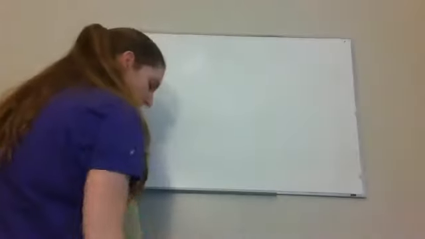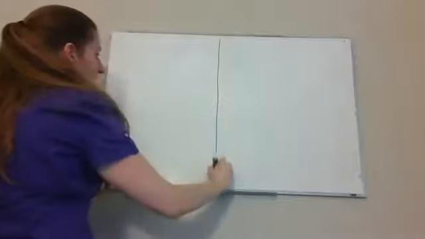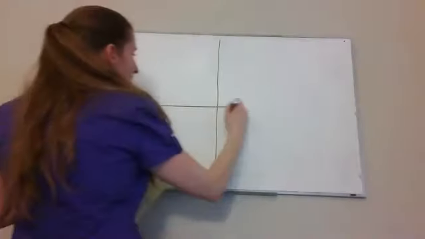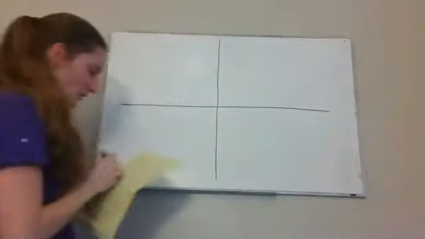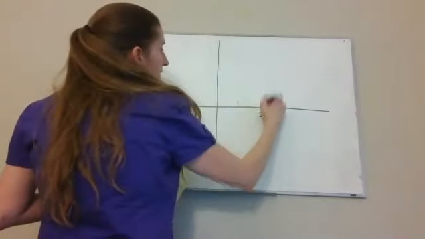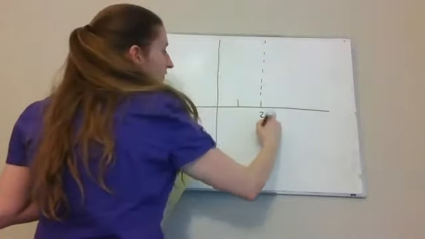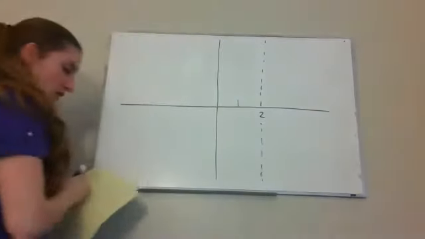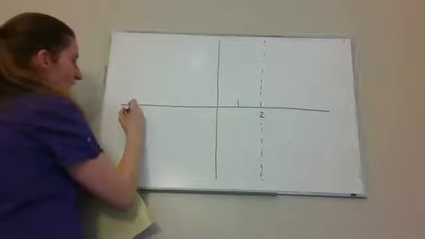So first, let's just get some notation figured out. So here's a graph of a function. This is going to be a graph of a rational function. And the graph of the function looks like this.